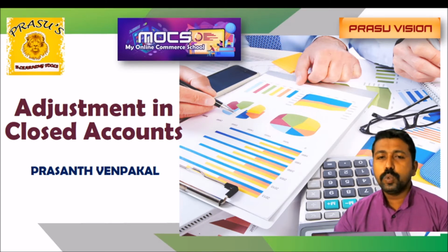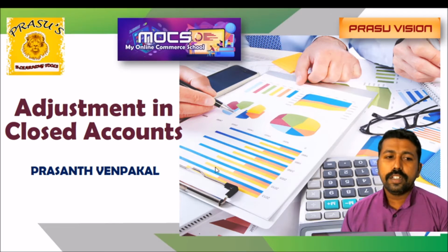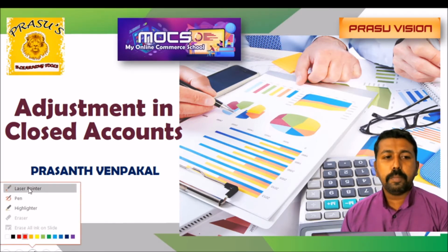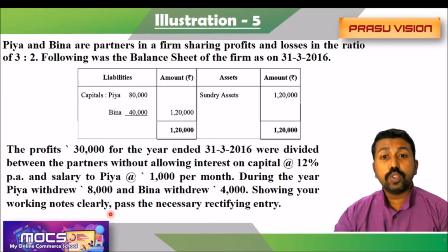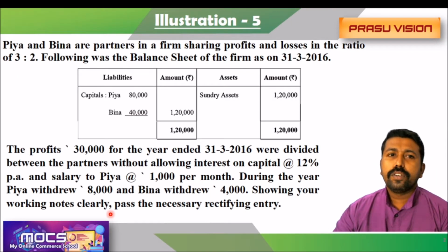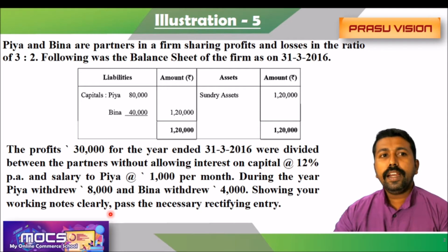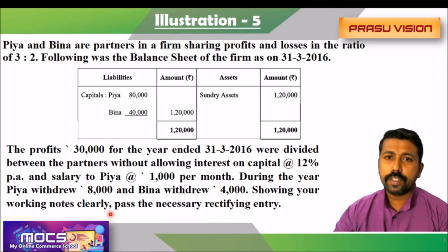First of all, we have to watch one problem from the last board exam, the 2018 board exam. The question was that Priya and Beena are partners in a firm sharing profits and losses in the ratio 3:2. Following was the balance sheet of the firm on 31st March 2016. Sundry assets 2,00,000, and capital on the liability side, Priya 80,000, Beena 40,000.